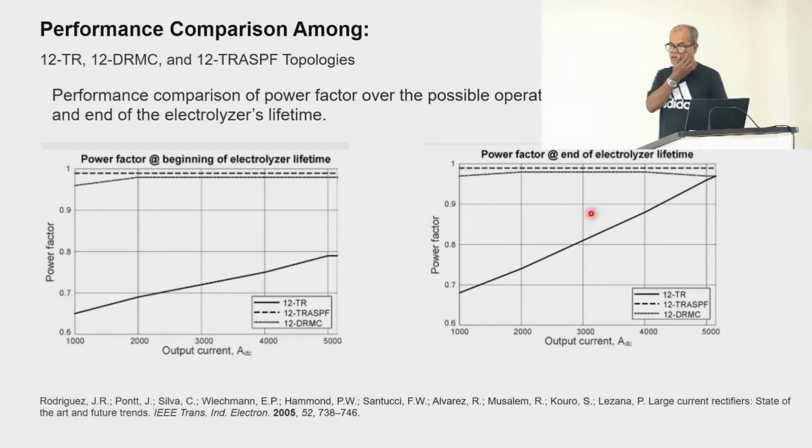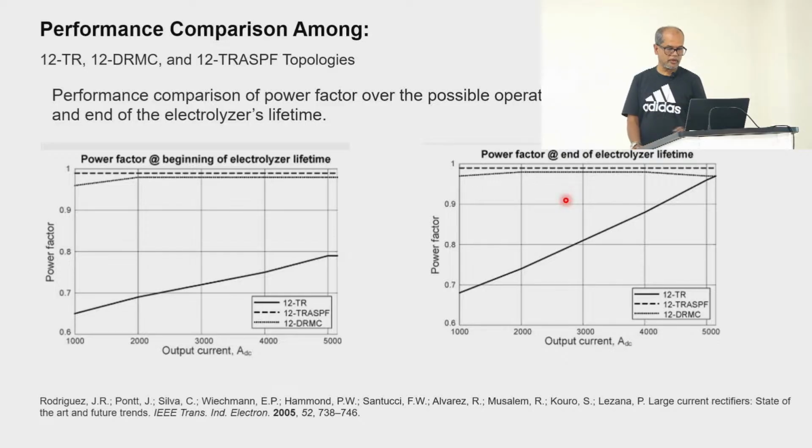Now if you compare, there are three different topologies that we talked about. So this one is comparing the power factor for the electrolyzer. Initially this is at the beginning of the lifetime, and this one is more at the end of the electrolyzer lifetime.